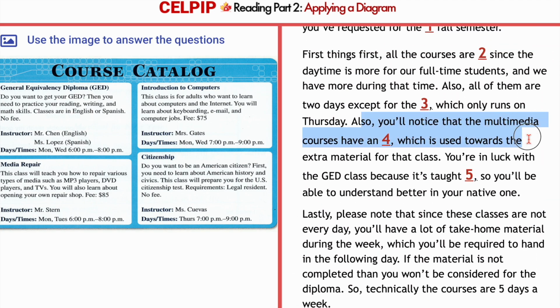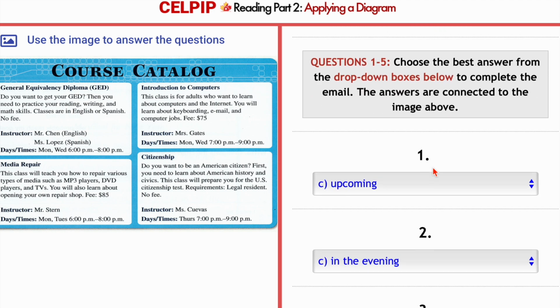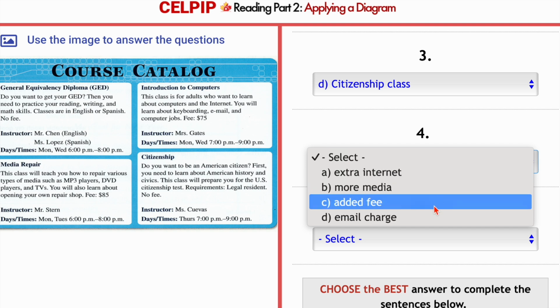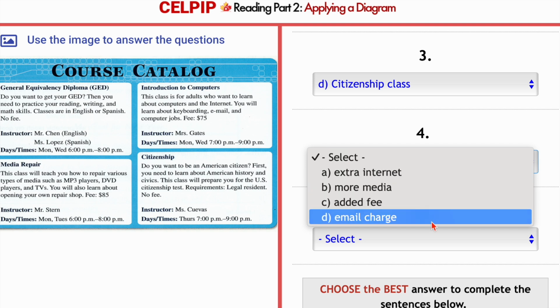Also, you'll notice that the multimedia courses have an extra fee, which is used towards the extra material for that class. The multimedia courses have an extra fee. Extra internet, more media, added fee, email charge. Extra internet, introduction to computers. It doesn't say anything about the internet here.